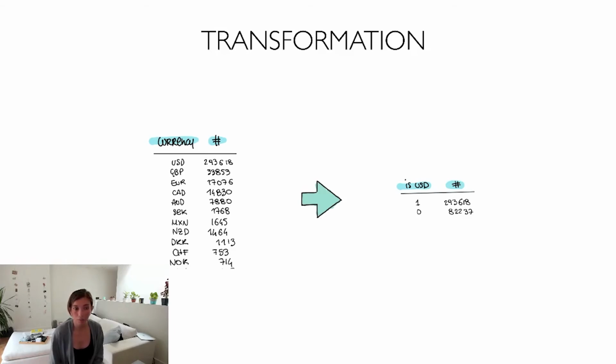For the second example, we'll look at currency, and we have the counts of currencies here. We could probably process it the same way with one-hot encoding. But if we look at the distribution of projects across currencies, we can see that the vast majority of goals are set in USD. So in the interest of reducing complexity and the number of inputs, we create a single binary feature and group all of the other currencies together.